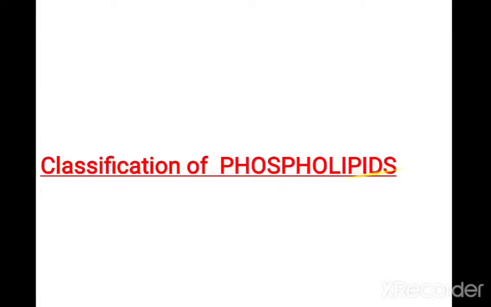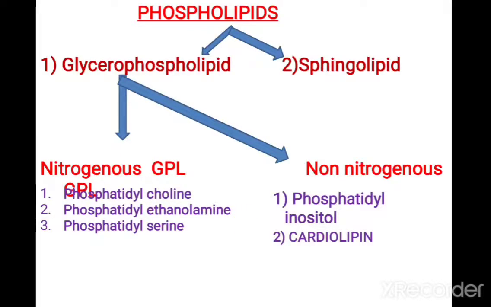So this is the classification of phospholipid. We can classify phospholipid into two on the basis of the alcohol part. In glycerophospholipid, the alcohol part is contributed by glycerol, and in sphingophospholipid, the alcohol part is contributed by sphingosine. And this glycerophospholipid is again subclassified into nitrogenous glycerophospholipid and non-nitrogenous glycerophospholipid.